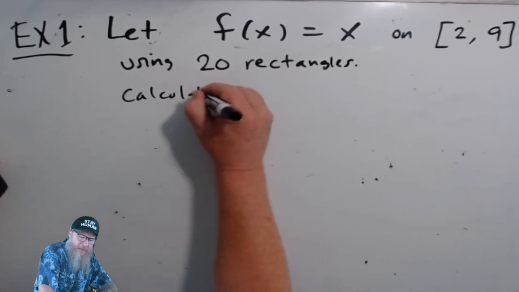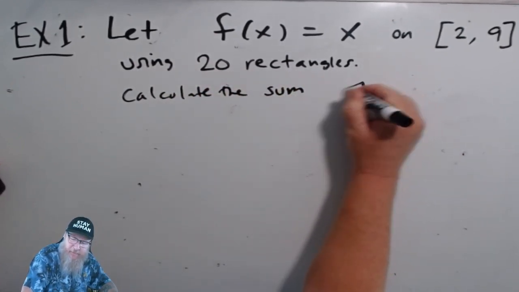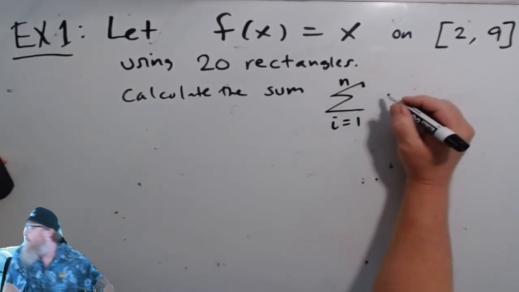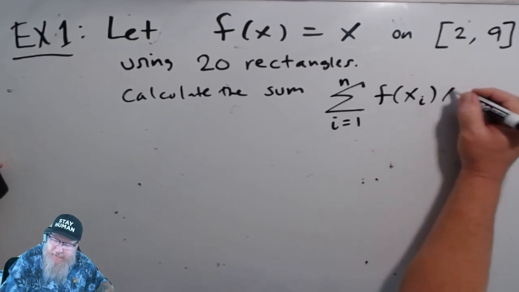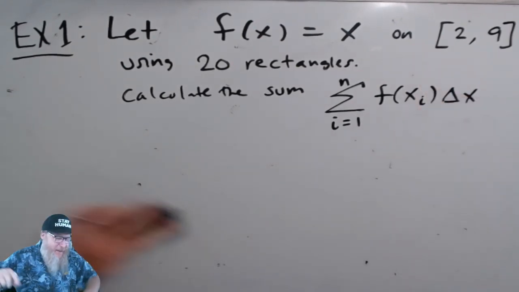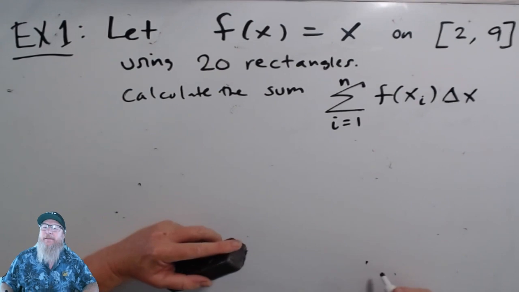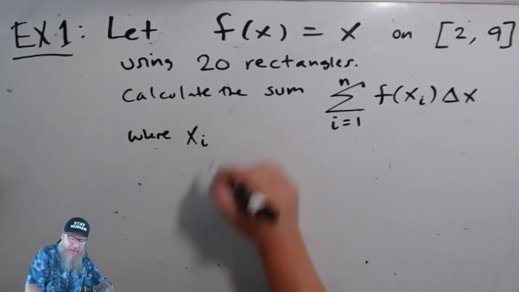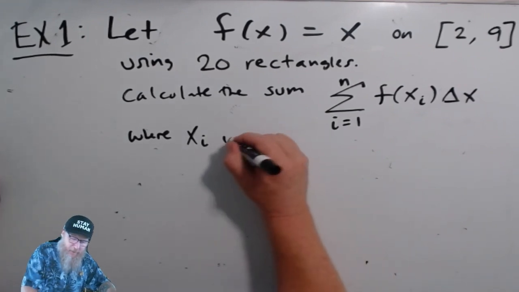Calculate the Riemann sum, i equals 1 to n of f of xi delta x. And again, I usually omit the star just because it doesn't really have to be there. Where xi is the right endpoint.